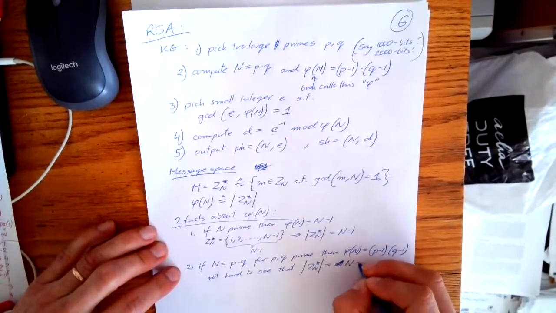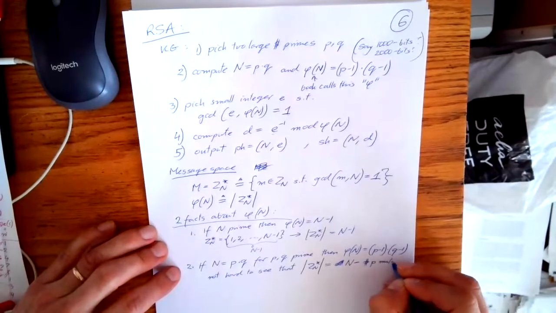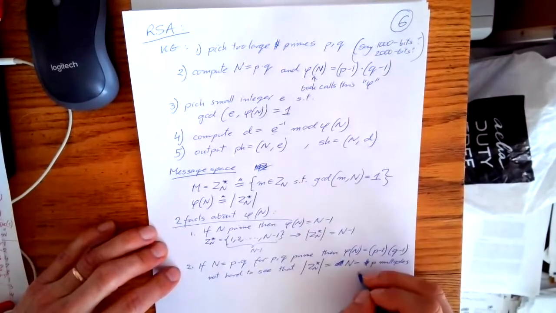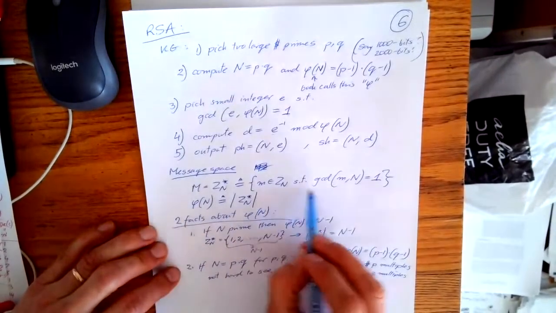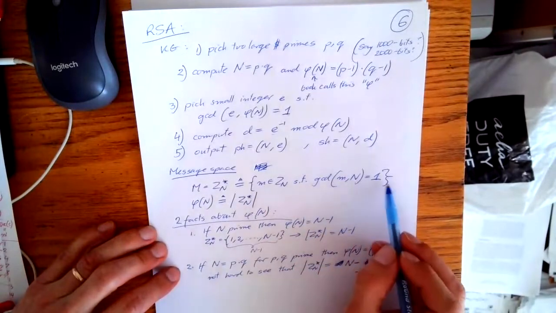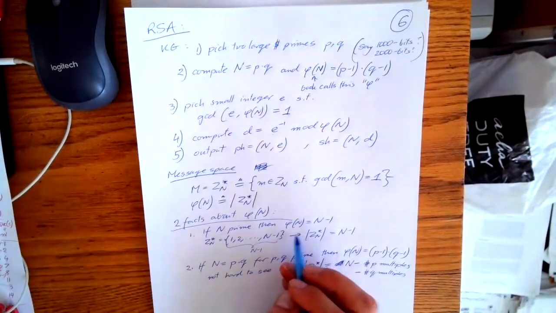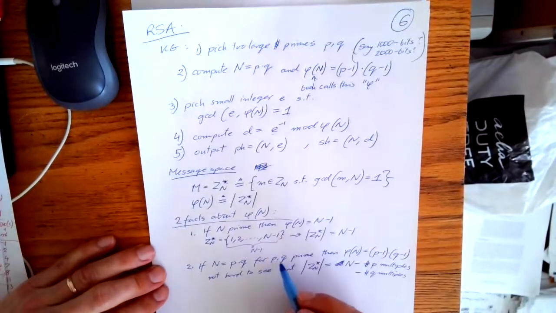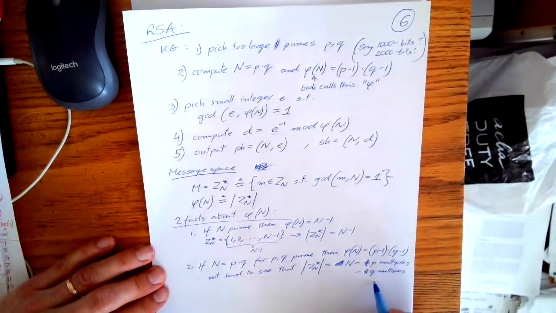It's n minus the number of p multiples minus the number of q multiples, because how can I not have a GCD with n of 1, right? I have to be a multiple of p or a multiple of q. These are the only factors of n, and they're prime. So it's impossible to be not coprime with n unless you're a multiple of p or a multiple of q.